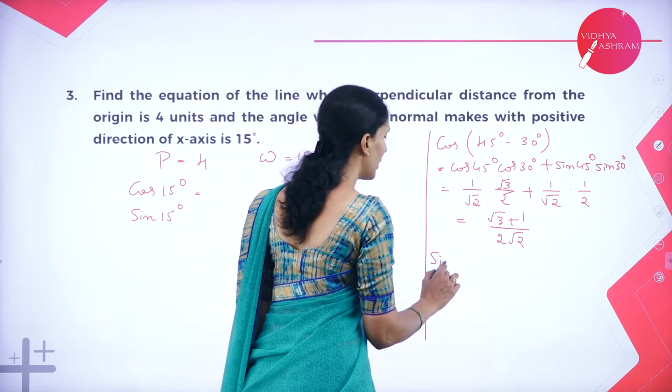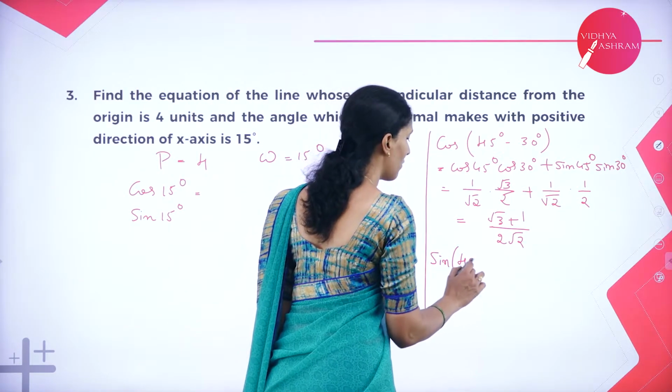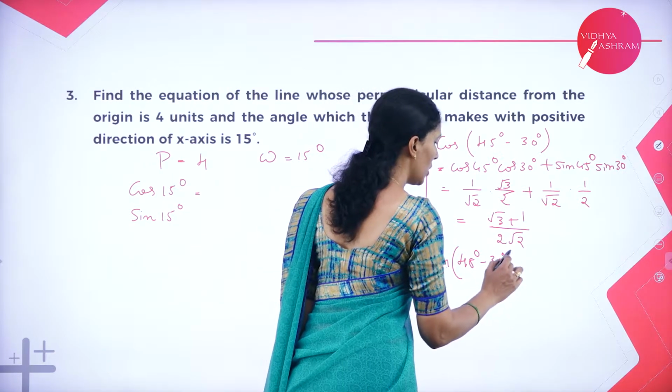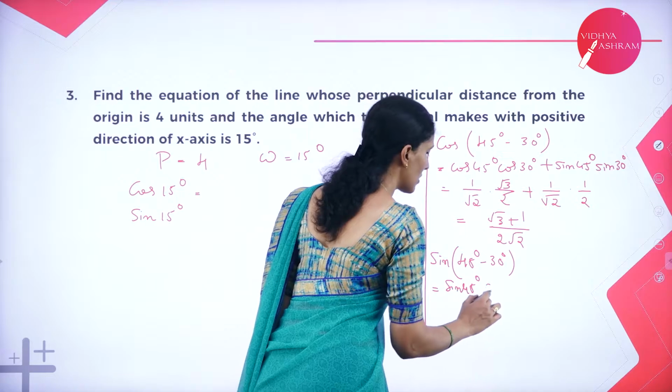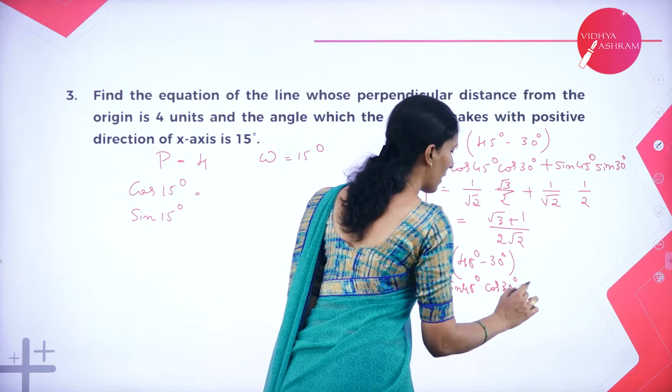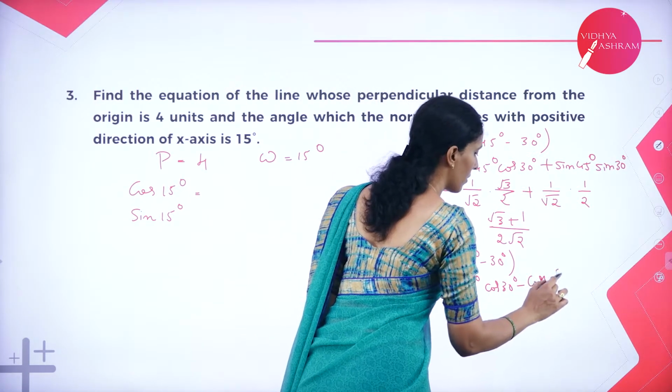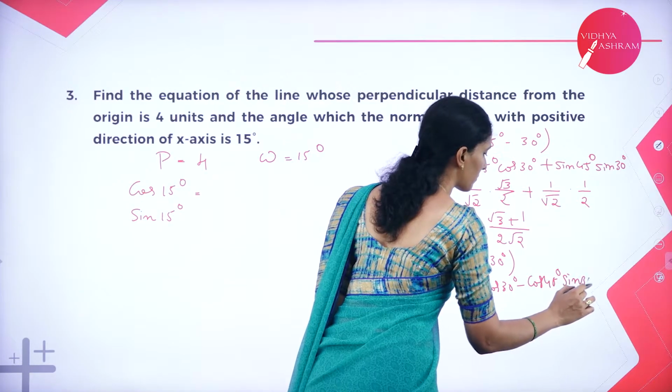Again, sin 15 degree can be calculated as sin of 45 degree minus 30 degree, which is nothing but sin 45 cos 30 minus cos 45 sin 30 degree.